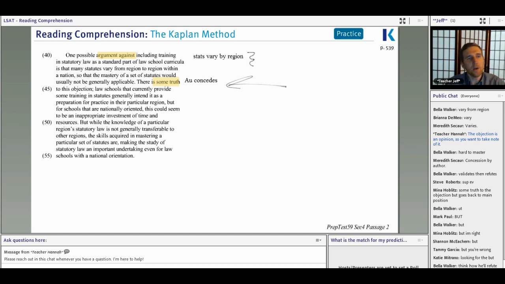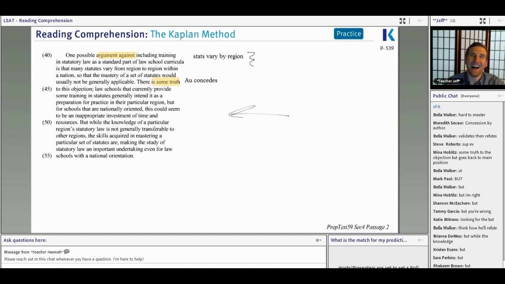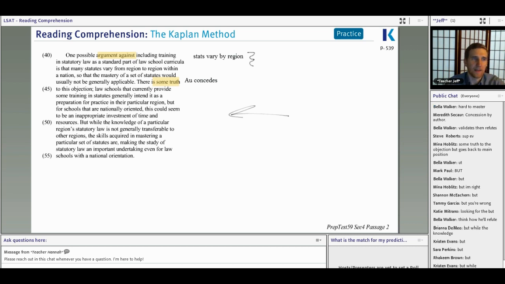Okay, go ahead and read this next part and tell me, where do we get the author turning it around and saying why statutory law is still great? Well, which buts? Because notice we get this but right here that says, but for schools that are nationally oriented, right?